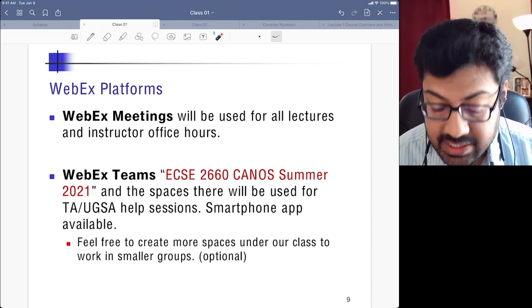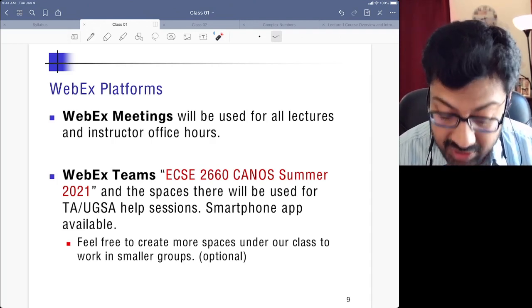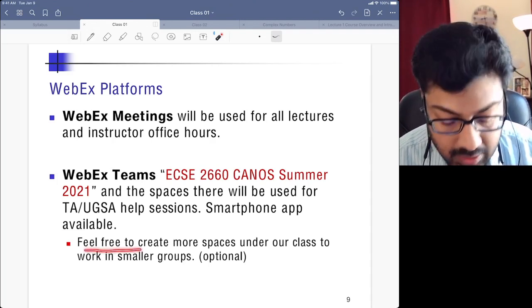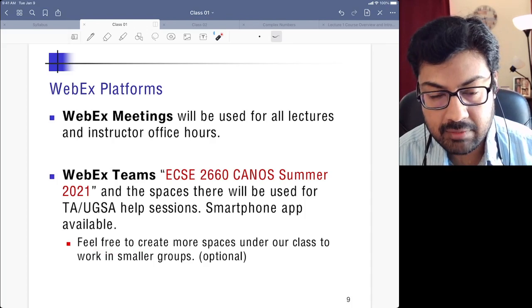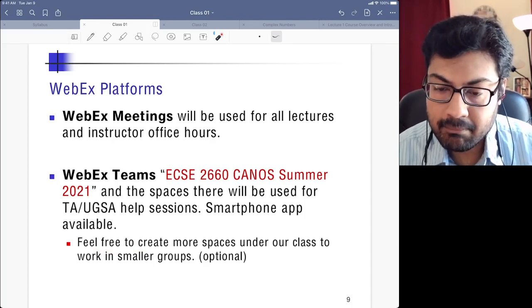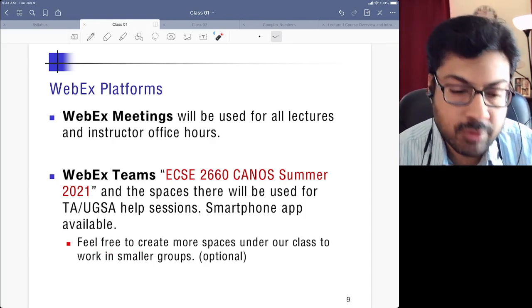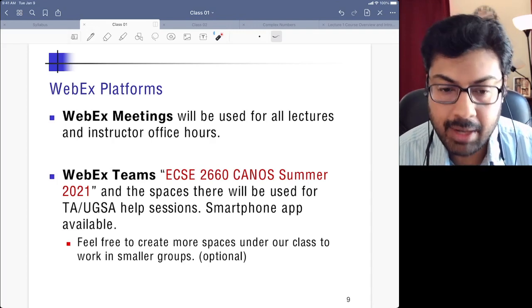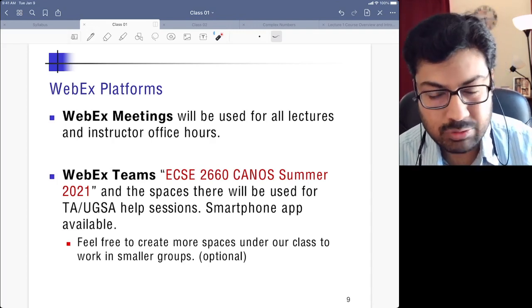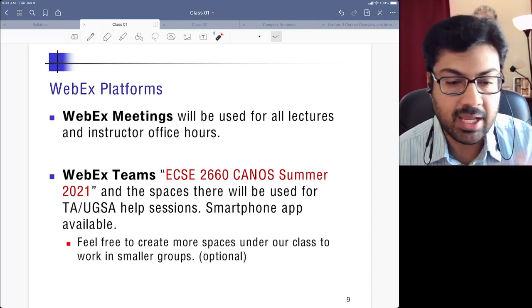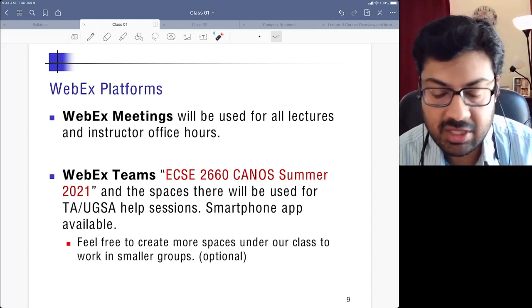Now, inside our class, you are invited to create your own spaces if you want to make some groups, maybe groups of 2 or 4 or 6, whatever that may be. You are invited to create more spaces within our class. Just don't do it outside the class, because if you do that outside the class, then other people might be seeing it.